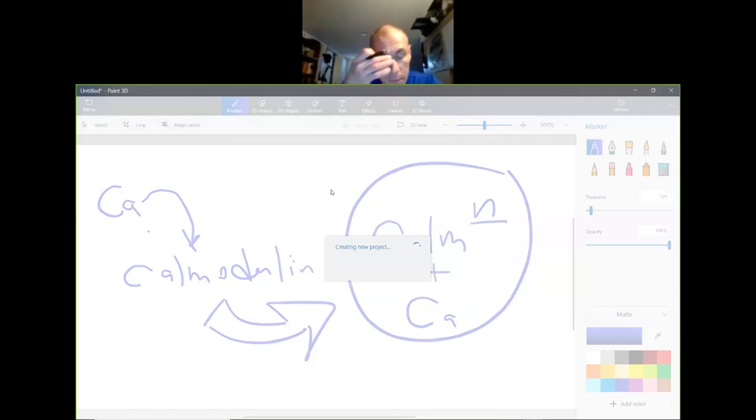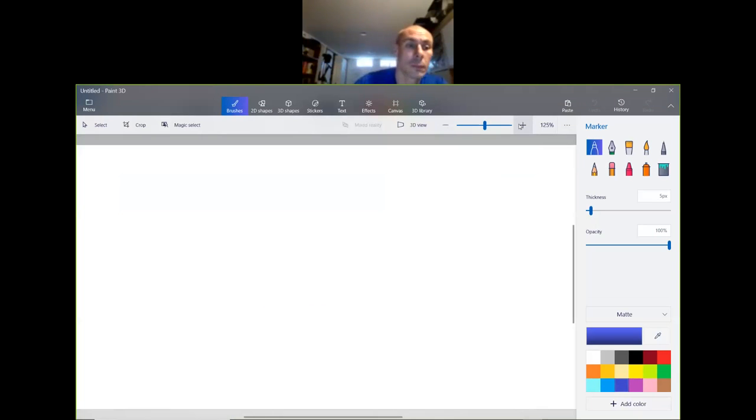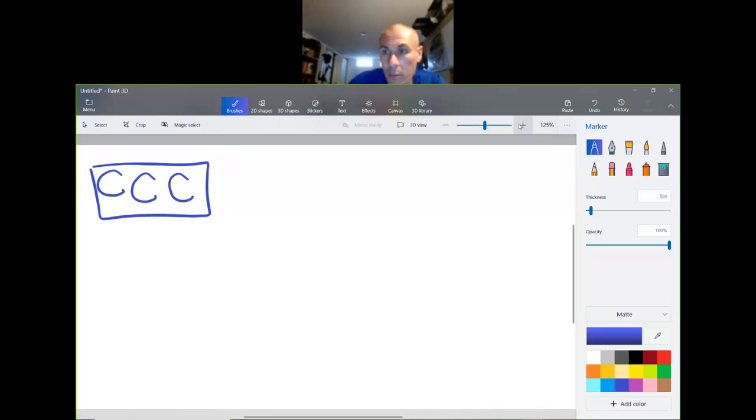Now we have our calcium calmodulin complex, CCC. It's just easier to call it CCC from the previous one. That calcium calmodulin complex works as the activator for the enzyme called MLCK, which stands for myosin light chain kinase.